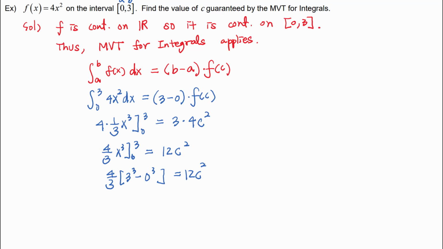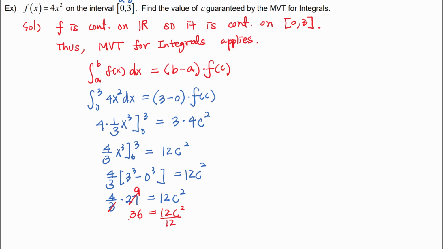And 3 cubed is 27. So four thirds times 27 equals 12c squared. Let's cancel the 3 and 9. So I get 4 times 9, 36, equals 12c squared.